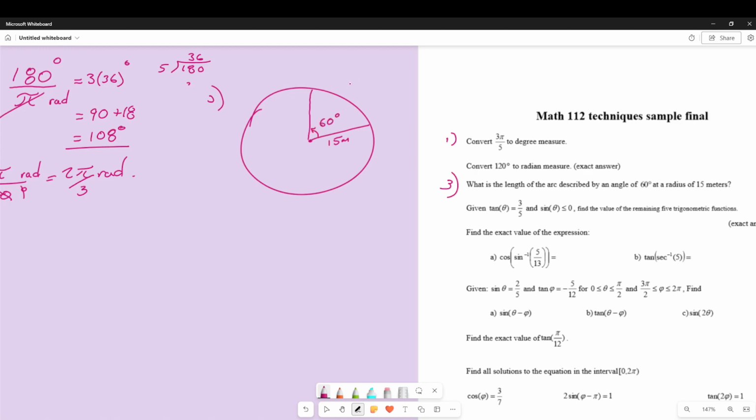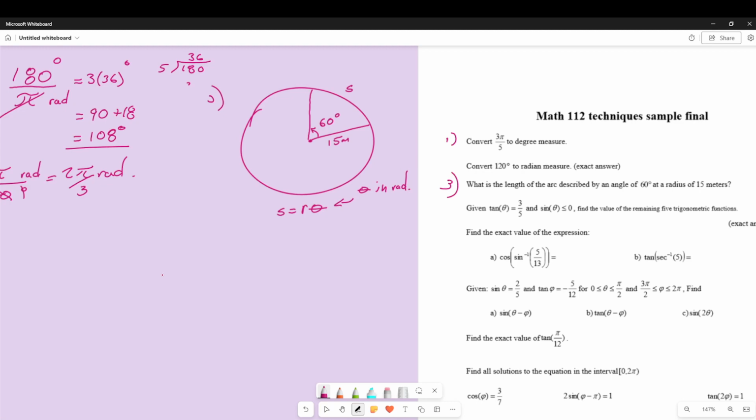And we know our relationship that this arc length should be equal to our radius times our angle. It's our nice little formula for arc length. But remember, it's important that that theta be in radians for this to work.